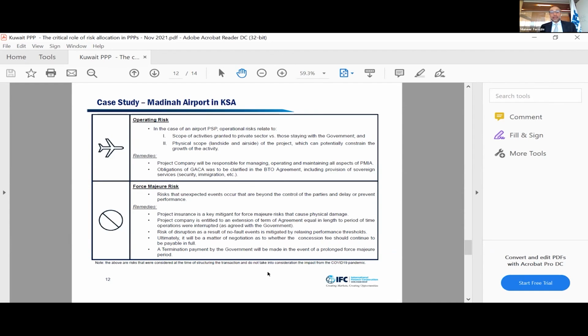And then I think finally, also, there was a termination guarantee. What happens if there's a prolonged event of force majeure, which basically means that the operation of the airport is not possible, and you still need to service the debt as a private sector. In that case, there is a termination event that happens, and the government guarantees provided.